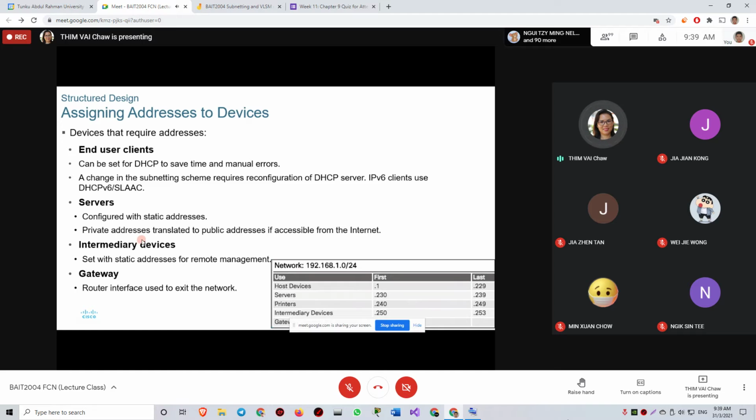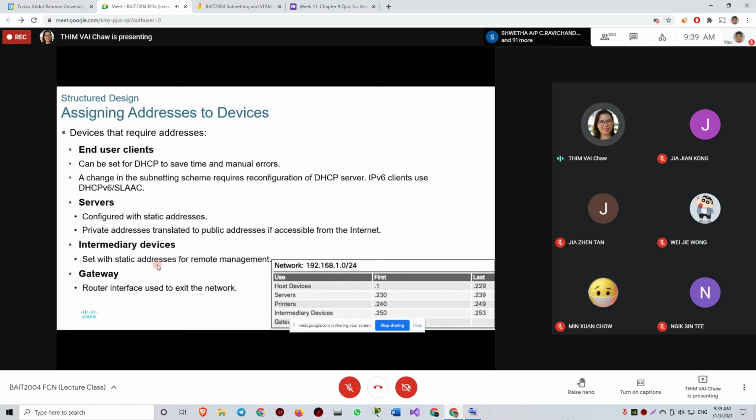And definitely under your router, we need to configure NAT, Network Address Translation, to translate your private address to the public address. This is for the server to be accessed by the public user. Then for intermediate devices, usually we configure an IP address in our routers and switches so that we are able to do remote access and remote management.